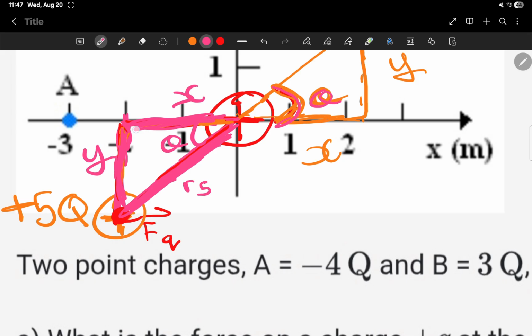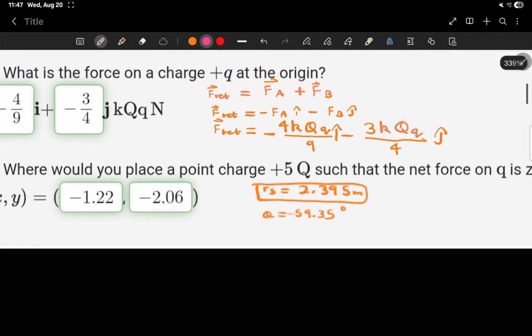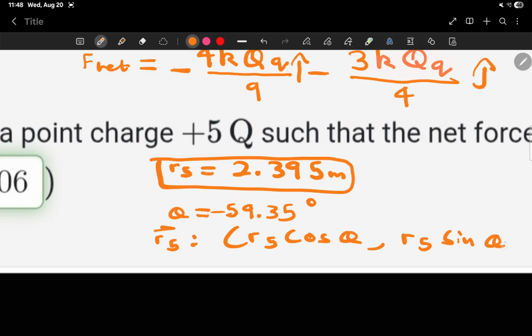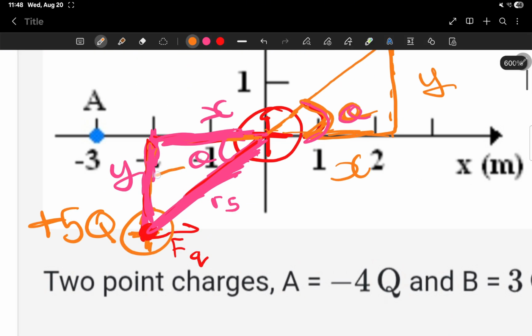I'll do adjacent over hypotenuse, which is R5 cos theta, to give us the x component. And I'll do R5 sine theta to give us the y component, because that is opposite over hypotenuse. Opposite to this angle over that hypotenuse.